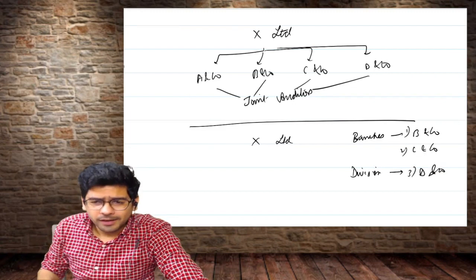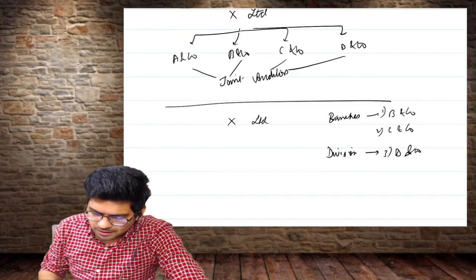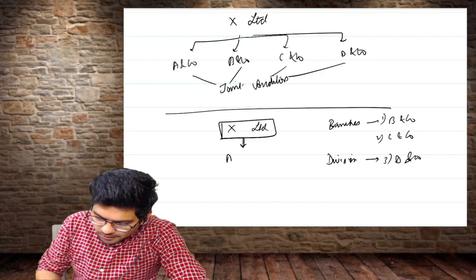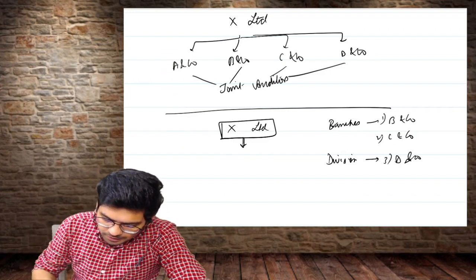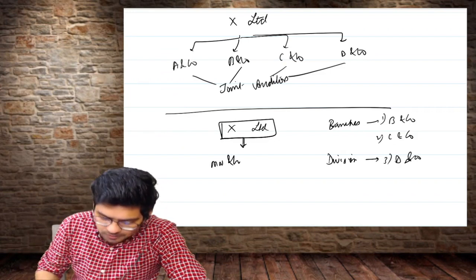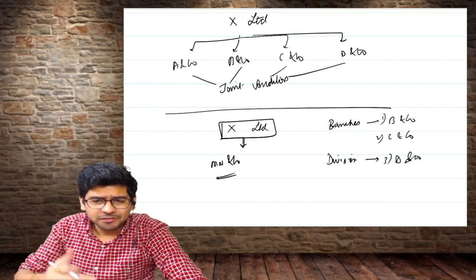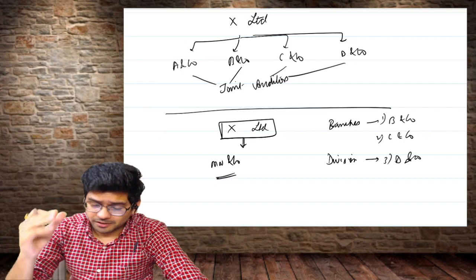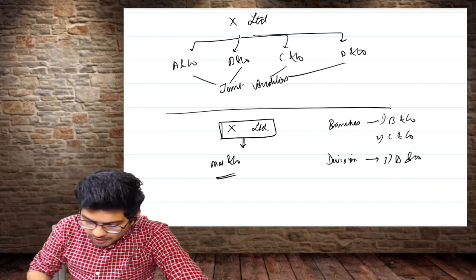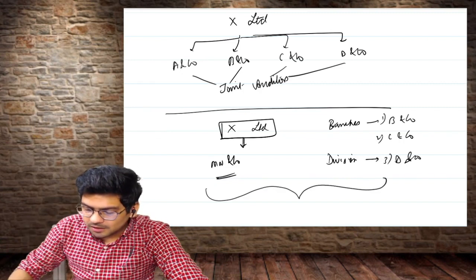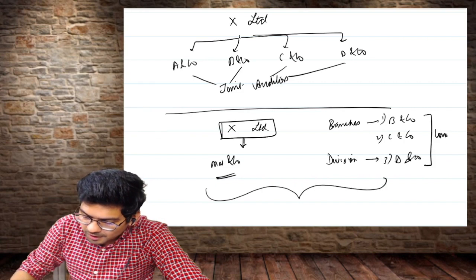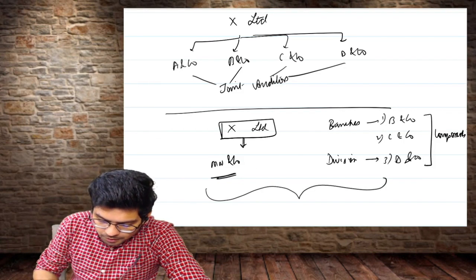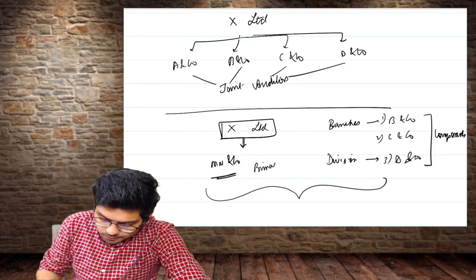Now please understand, the main auditor of X Limited is, let's say, M&N company. The main auditor is M&N company, but they have some branch auditors, some division auditors, etc. This is not a case of SA 299. In terms of standards, these are known as components, and this M&N company will be known as the principal auditor.